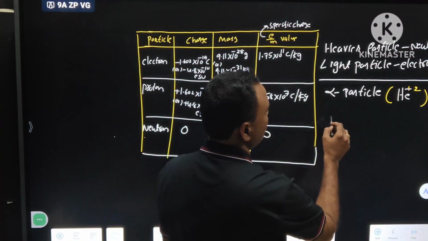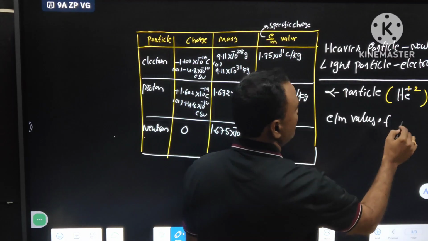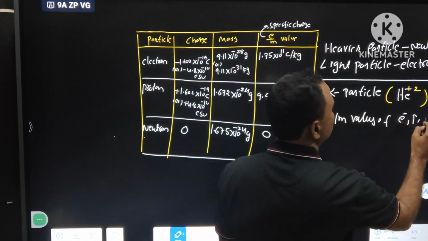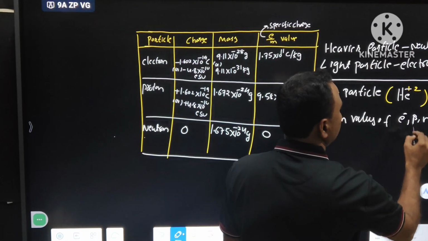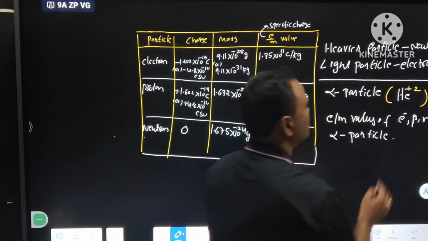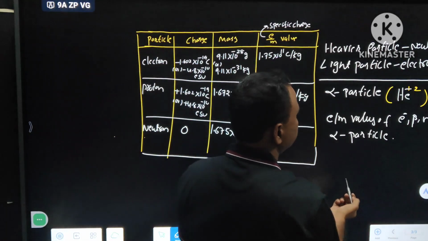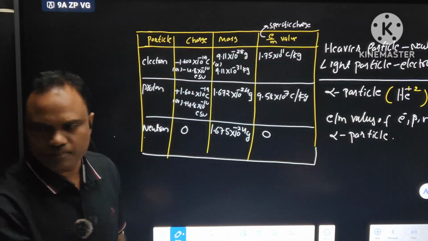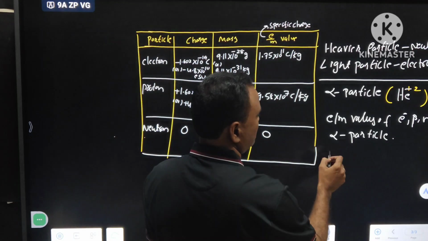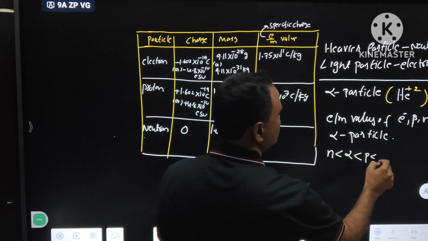Let us compare the e by m values of electron, proton, neutron and alpha particle. Arrange this. Which has the least e by m value? Neutron is less than alpha particle, which is less than proton, which is less than electron.